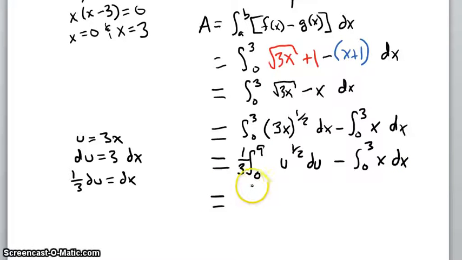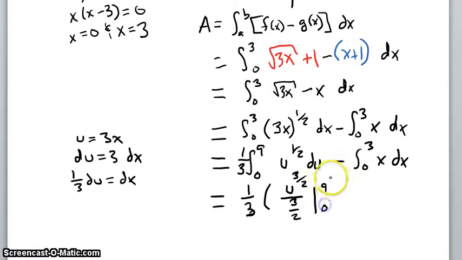Next step is to integrate both of them. So I have 1/3 and then we have u to the 3/2 divided by 3/2 from 0 to 9, minus x squared over 2 from 0 to 3.